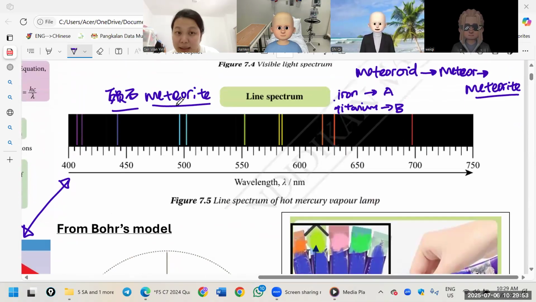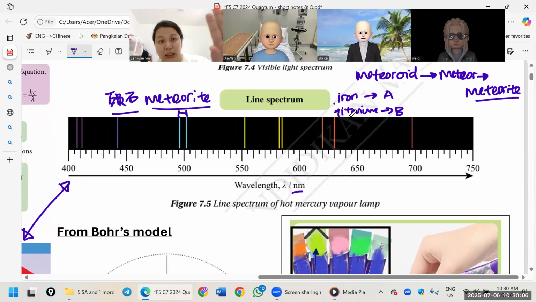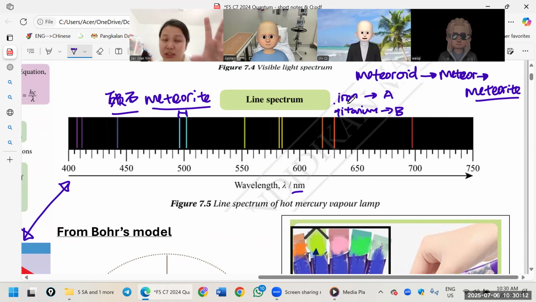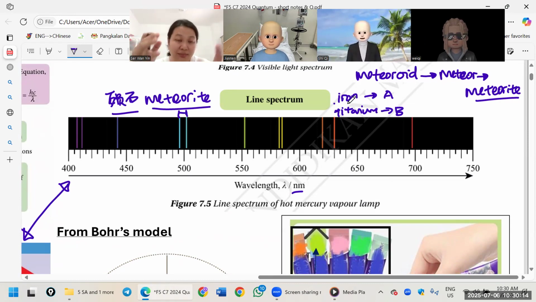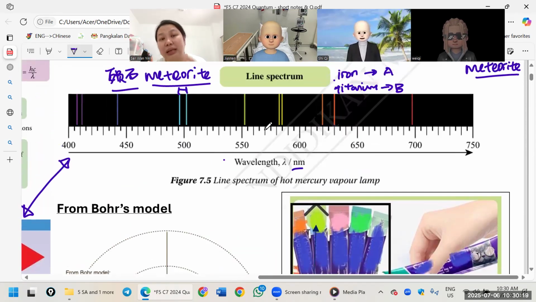And of course the line always has a fixed wavelength, and by the way, this is in nanometers. Do not worry. Form 5 won't ask you to memorize the spectrum pattern. Just know this is a line spectrum. When electrons transit, they will form a line spectrum. Just need to remember it.